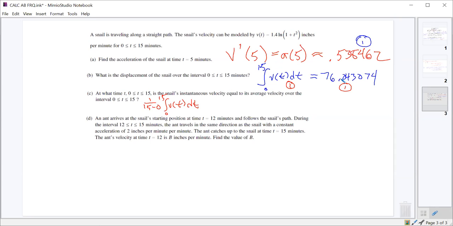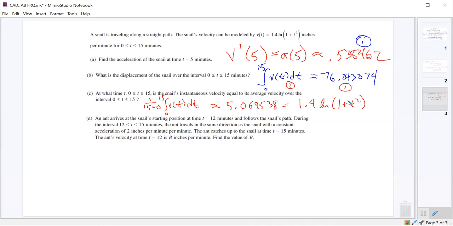So 76.043074 divided by 15 gives you some number. Looks like that number is 5.069538. And then you're just going to set that equal to 1.4 natural log of 1 plus t squared. So that's the velocity function, and see where those two functions intersect each other.